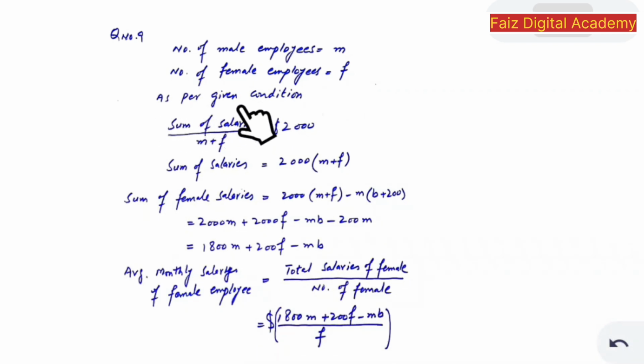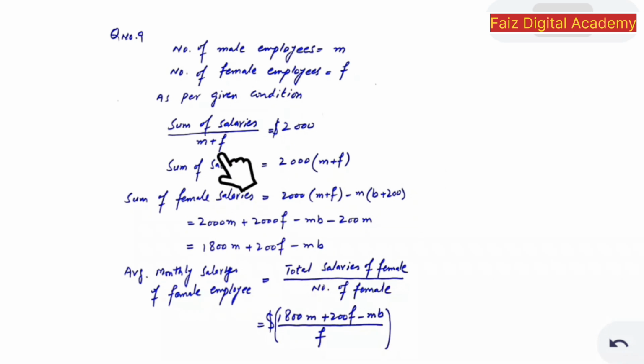Then as per the given condition of the question, the average salary of all the males and females is $2,000. So we find this $2,000 by dividing the sum of the salary by the number of male and female employees, because this is the formula of the average.